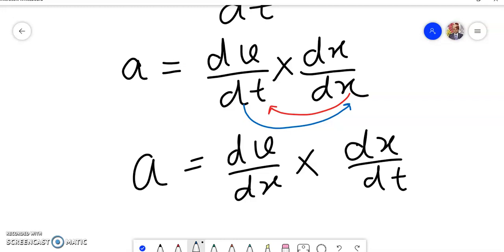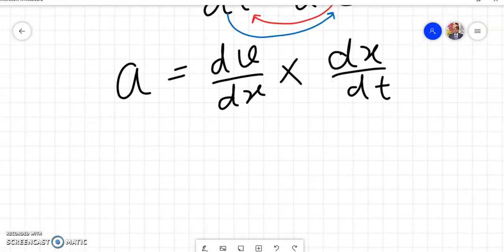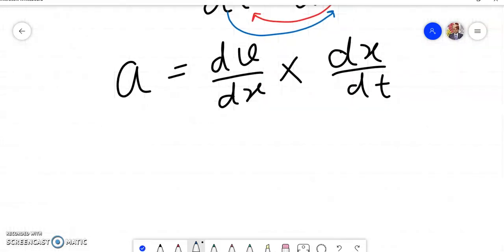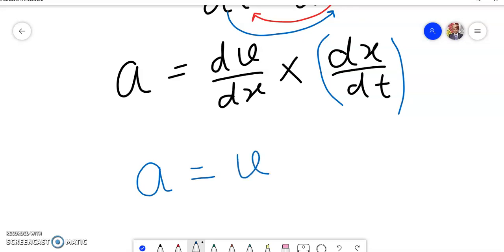Just a mere displacement of terms, one removed and placed at another position. Now see, you know that this dx by dt is what? Velocity. So this a will be v times dv by dx. Now we will integrate this and get the result.